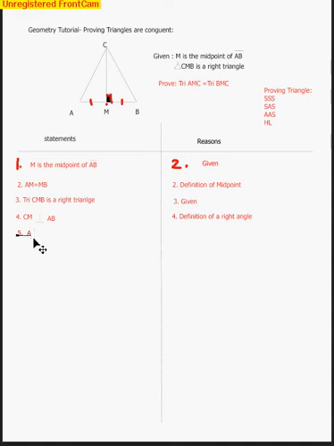Angle AMC and angle CMB are right and congruent.